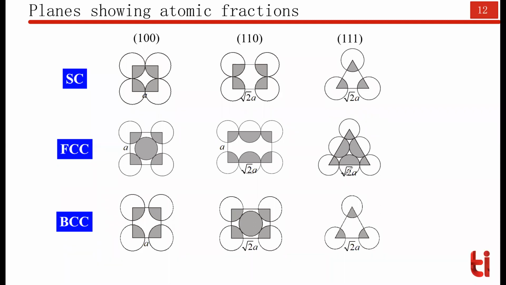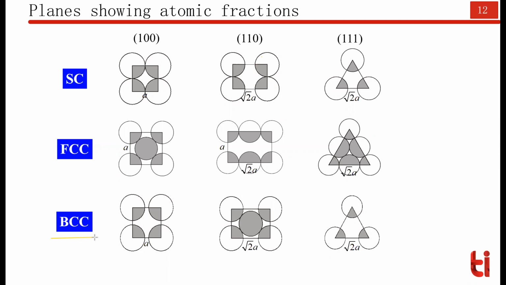Coming to the third type of the unit cell, which is the BCC unit cell. You know, in the BCC unit cell, in addition to the corner atoms, we have one full atom lying in the middle of the unit cell.